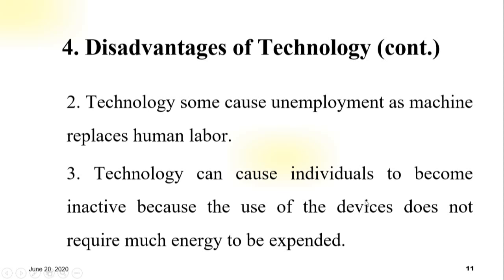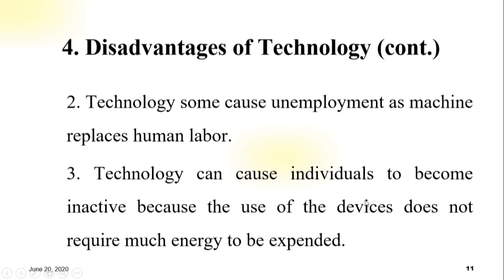Not involved means a person doesn't join or involve with another one, because the use of devices does not require much energy, does not demand much energy to be expended. In the past, when we had work to do, you had to use many people to work together.